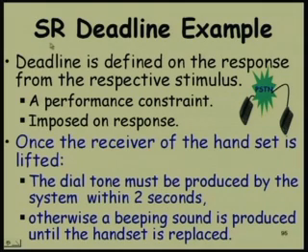So, it is a deadline example on the response event from a stimulus event, and it is a performance constraint because it is on the response event, and if the dial tone does not appear within 2 seconds, then a beeping sound is produced until the handset is replaced. So, there is a constraint violation and the system takes an action. Okay.